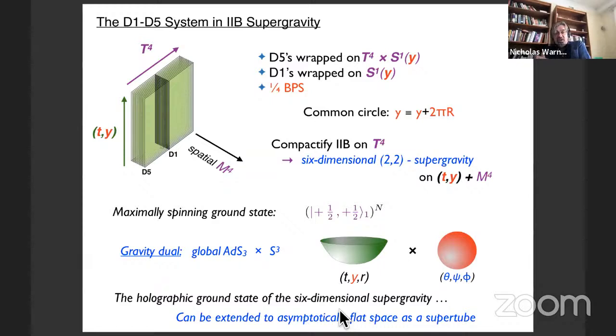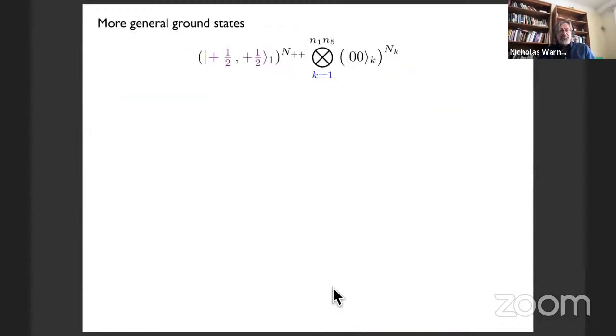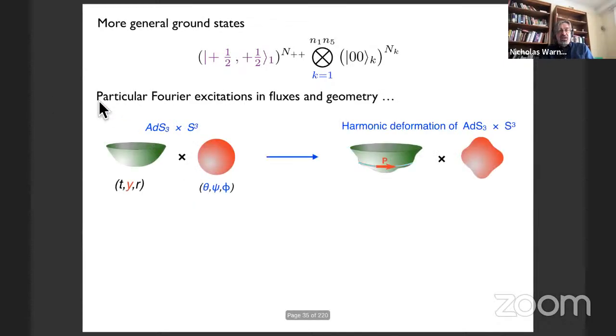Okay, so we start with 6-dimensional supergravity. This is the AdS formulation of it, but you can extend it using the standard supertube construction to flat space. Basically, we're going to consider these slightly more general ground states, but we're going to make our life a little bit simpler in a minute.